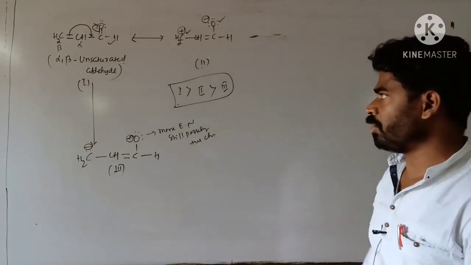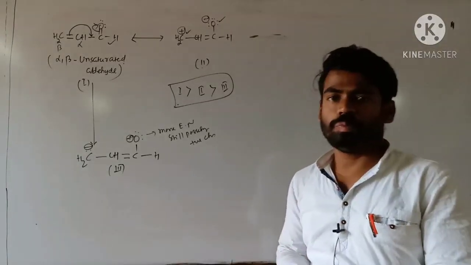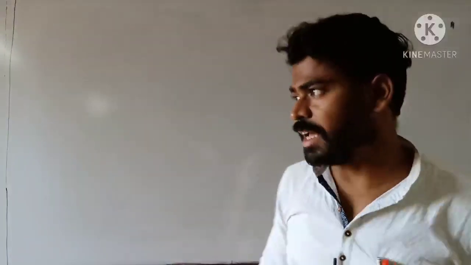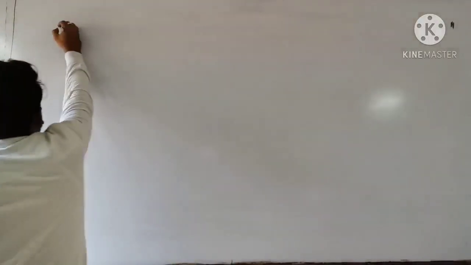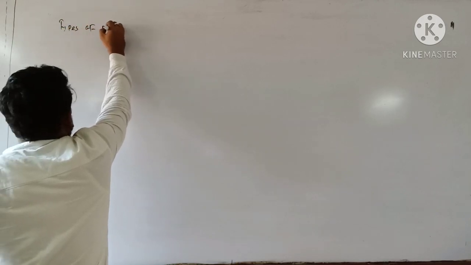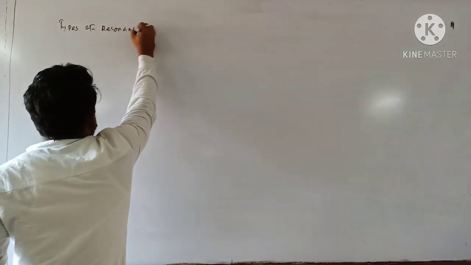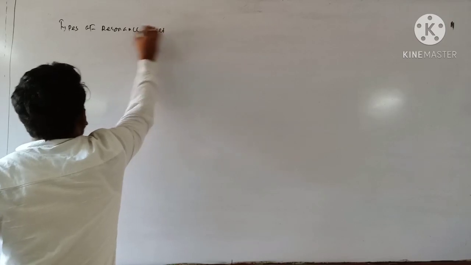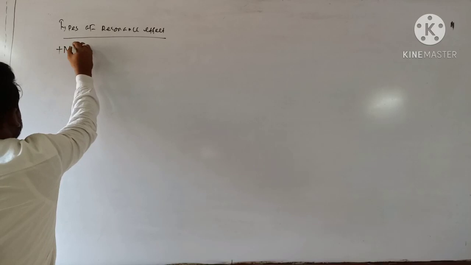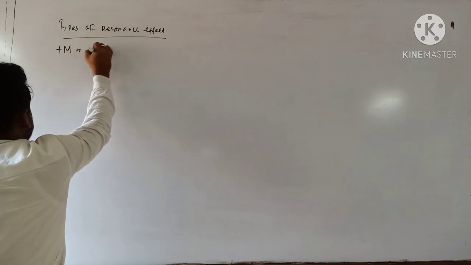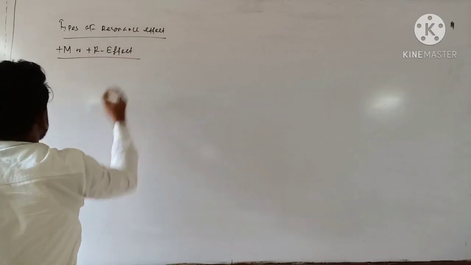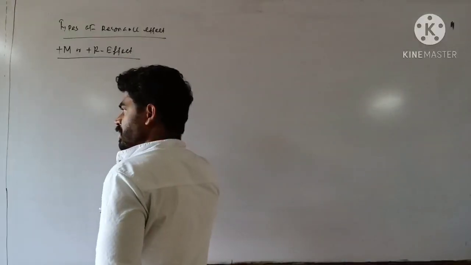Now let us discuss what we mean by types of resonance effect. Next, types of resonance effect. Like the inductive effect, it is also known as plus M effect or plus R effect, positive mesomeric effect or positive resonance effect.